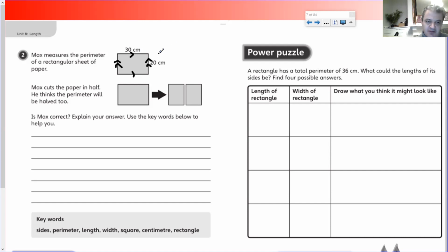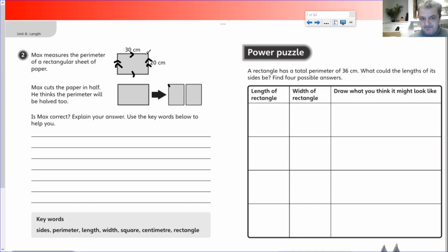He thinks the perimeter will be half too. Okay, so let's look first at what length this side is. Because those rectangles are exactly the same size, the first thing I'm going to do is just work out the perimeter of one of those rectangles.